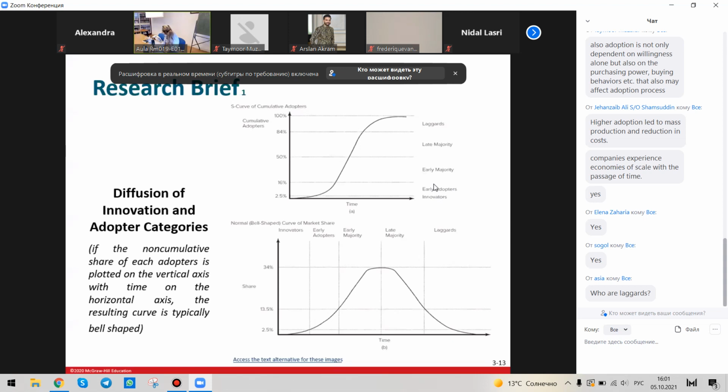Then we have the early adopters, who are just like innovators, but they are less risk takers, okay? They have a lower attitude toward risk with respect to innovators.